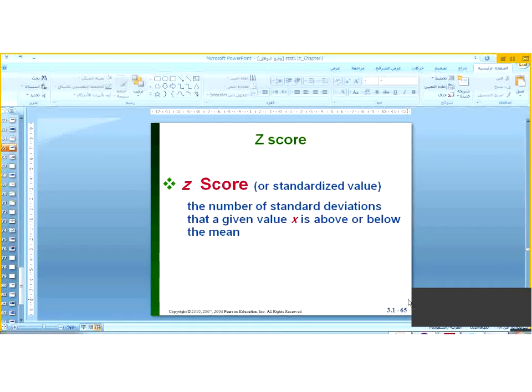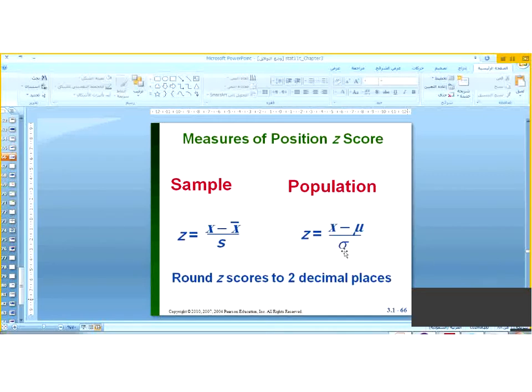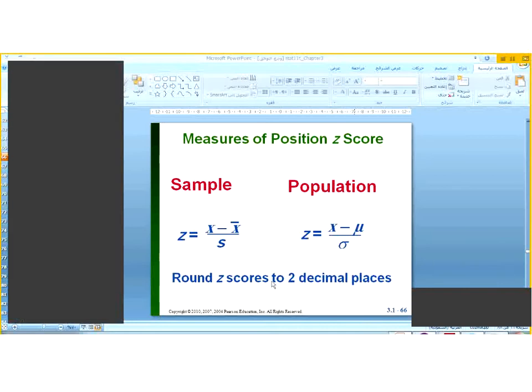A z-score or standardized value is the number of standard deviations that a given value x is above or below the mean, and it equals x minus x bar over s. In the example from before, the mean equals 20 and the standard deviation is 2.